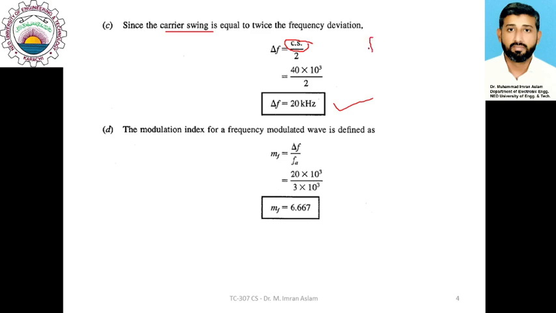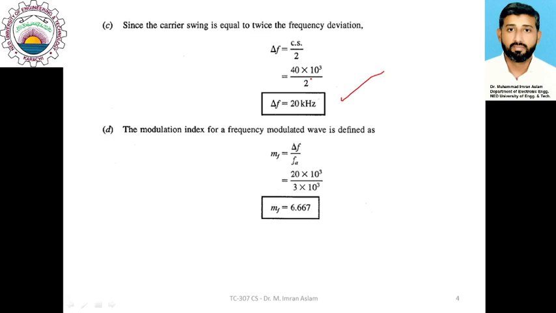The highest frequency obtained, fh, is the carrier frequency plus delta f. You can also use a similar relationship for the lower end of the frequency. So delta f comes out to be 20 kilohertz in this case.